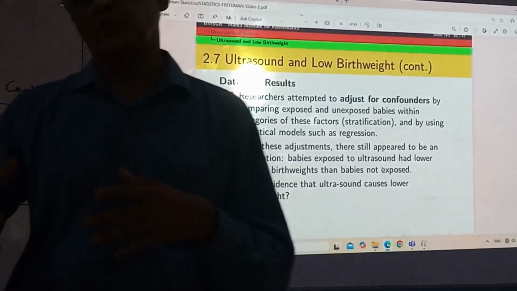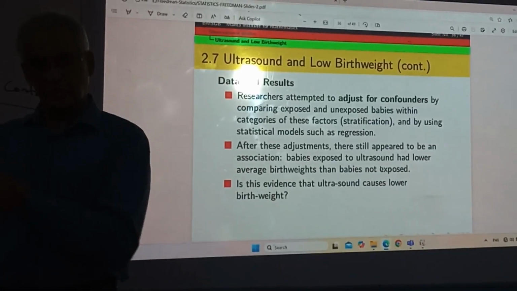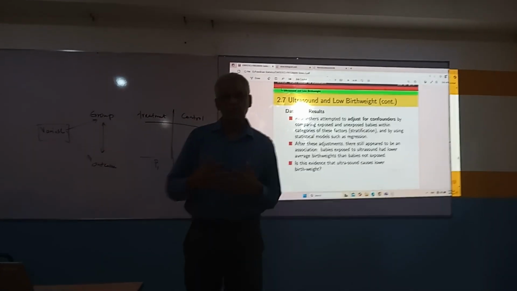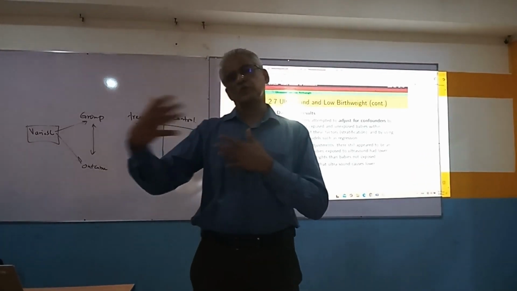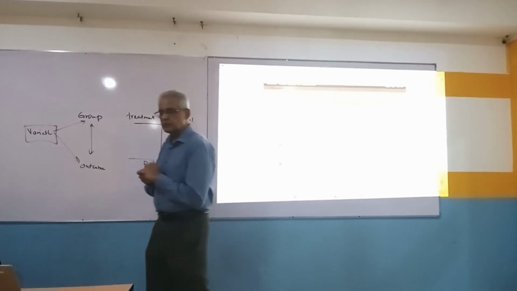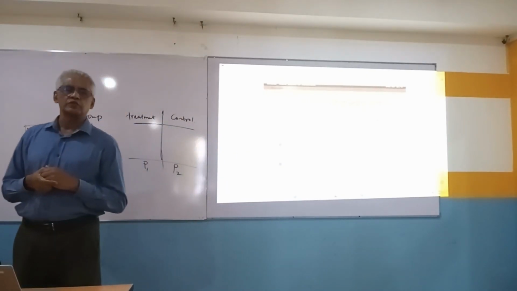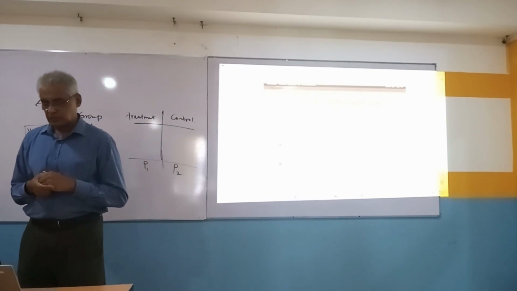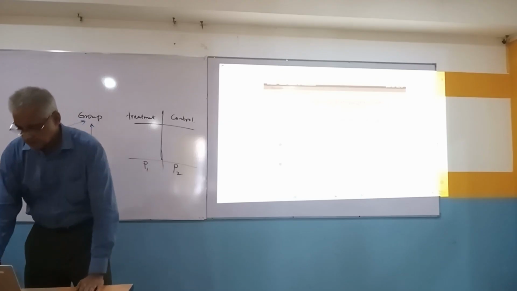Right? So the adjustment was not enough to find out the actual thing. So later on they did a complete randomized experiment and found out there was no problem with exposing to ultrasound.